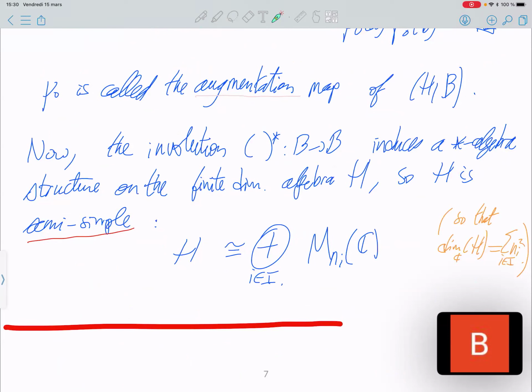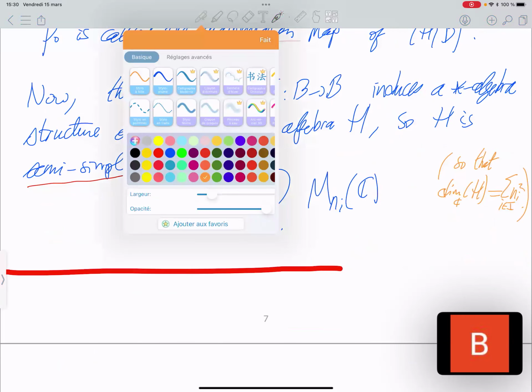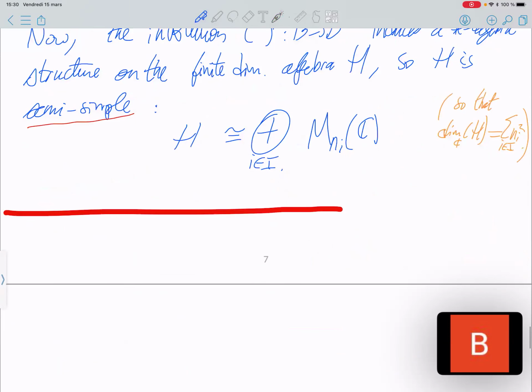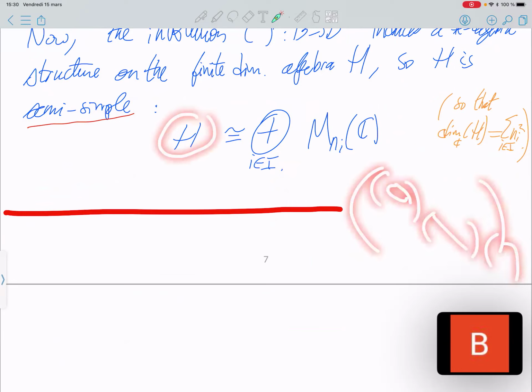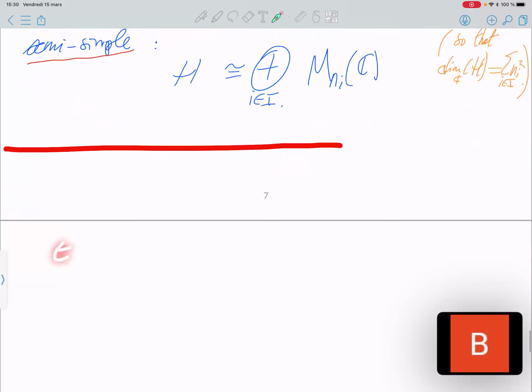So I finished yesterday here. So let me continue. So each block of this decomposition corresponds to a central primitive idempotent, as I explained yesterday. You have H can be represented as a block like that, and the identity on this block and 0 everywhere is a central primitive idempotent.